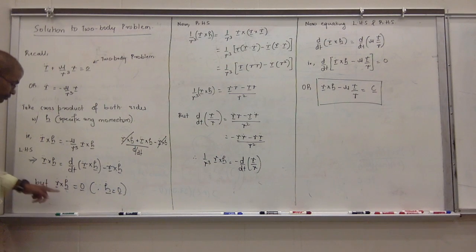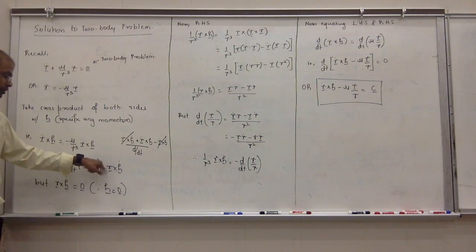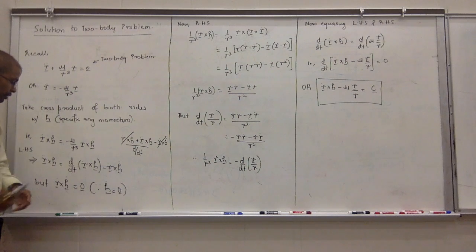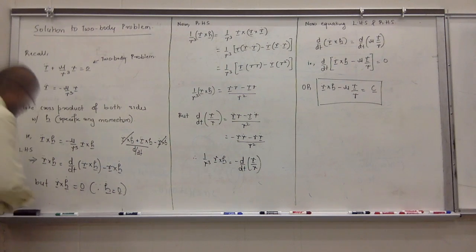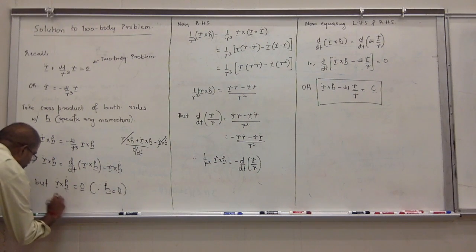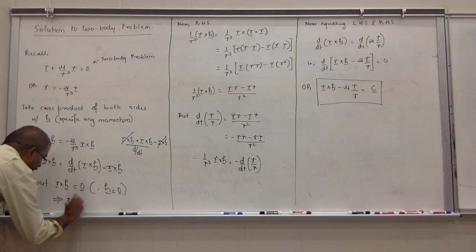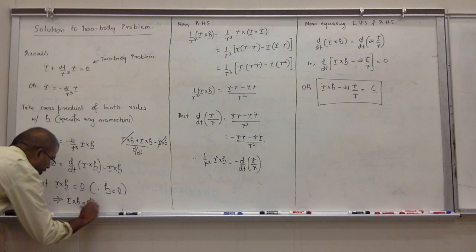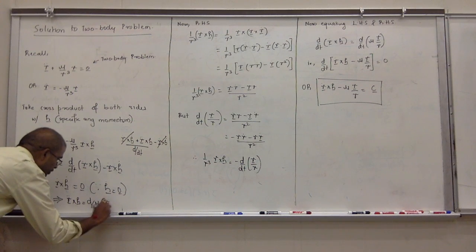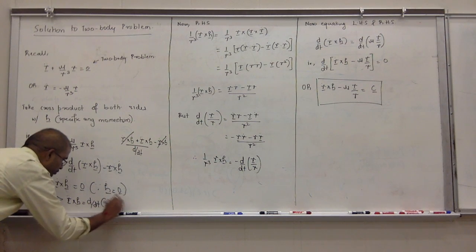And in the last part, why did you remove d over dt? The left hand side should still have a d over dt, right? No, here I am saying this term is actually 0. But therefore, this implies that r double dot crossed with h is simply d over dt of r dot crossed with h.